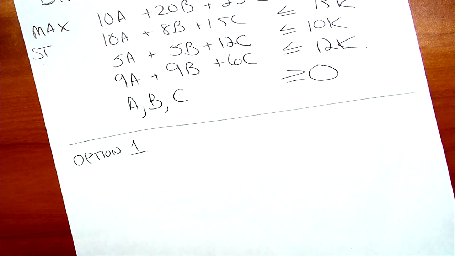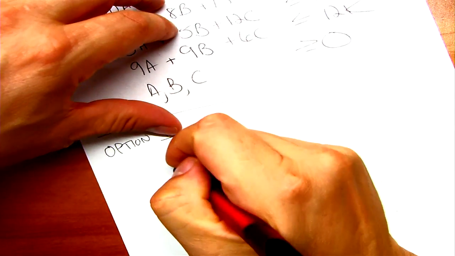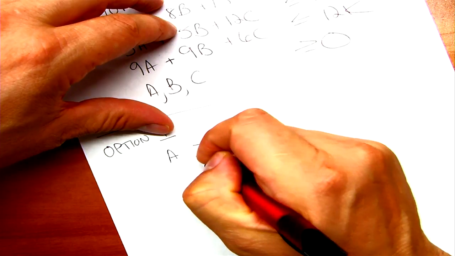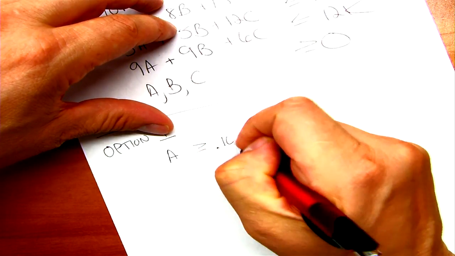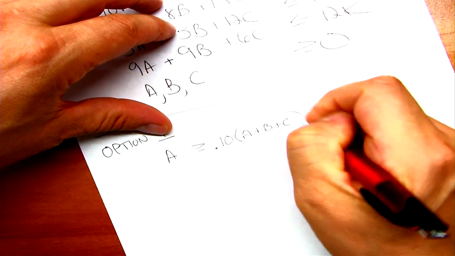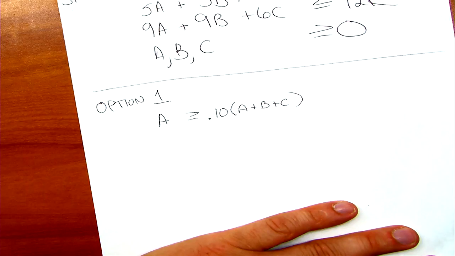I don't know, but how could I get it mathematically from A, B, and C? A plus B plus C. Very good. So it would look like this. One way I could write that constraint is A is greater than 10% times A plus B plus C, right? Because A plus B plus C, you're telling me, is the total, and you're right.